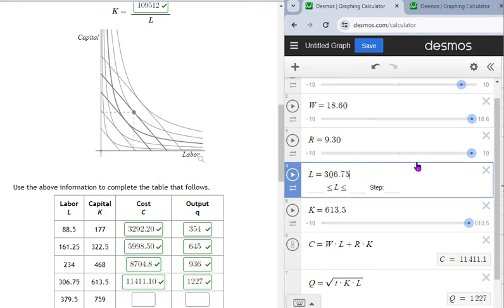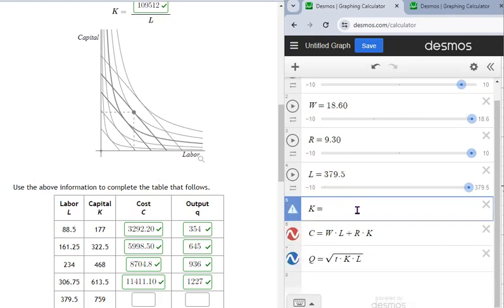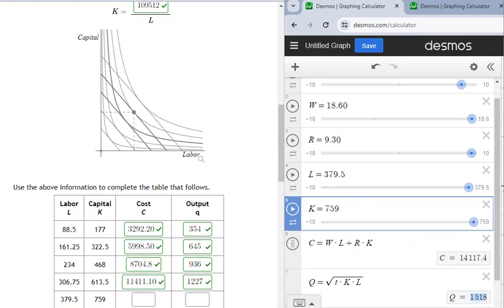And then finally, we have this 379.5 units of labor and 759 units of capital. And those two combined can result in output equaling 1,518 at a cost of $14,117.40.